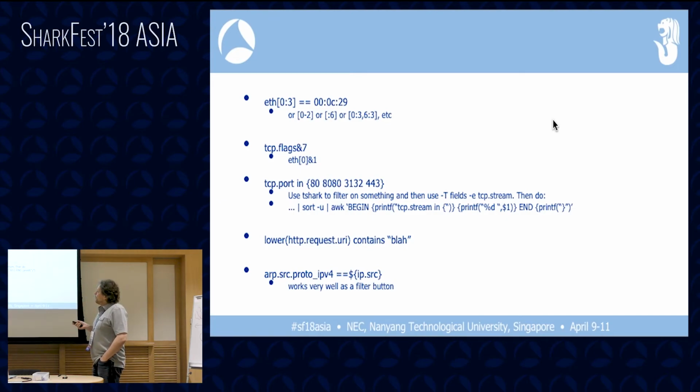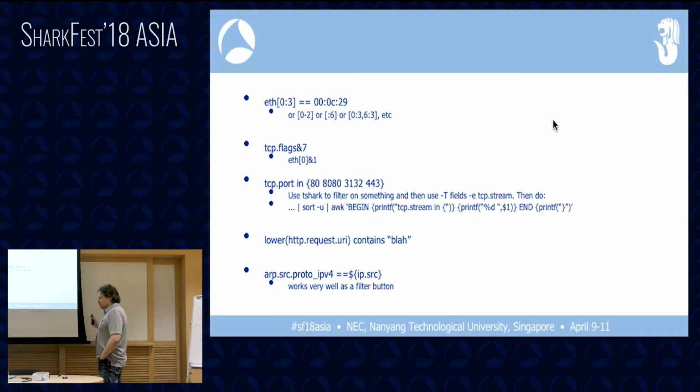The contains operator is case sensitive, so if you don't know what the case is, you can just use the function lower on any field in Wireshark and it converts it to a lower case string, and then you can compare with anything.